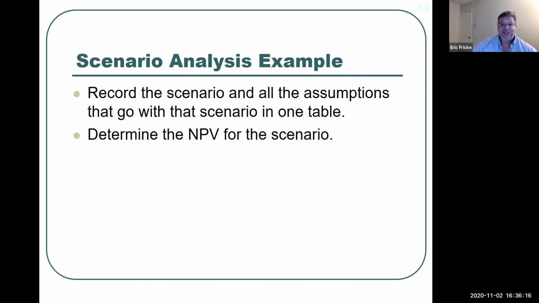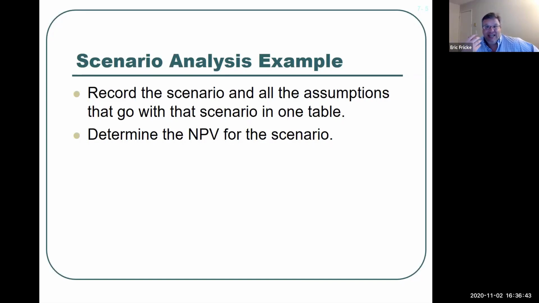All right, the next one's called scenario analysis. This is the last one for today. It's similar to sensitivity analysis, except we're going to change multiple assumptions, and then we're going to see what the impact on NPV is. So it's called scenario analysis because they want you to think about kind of like a perfect storm.